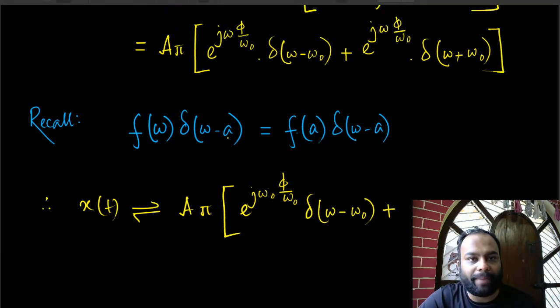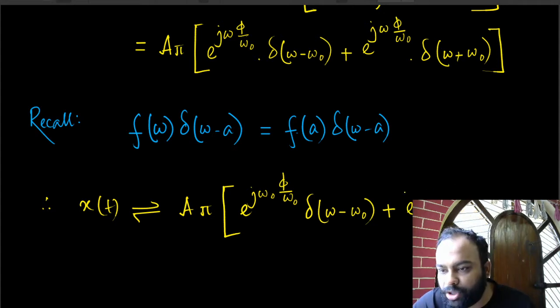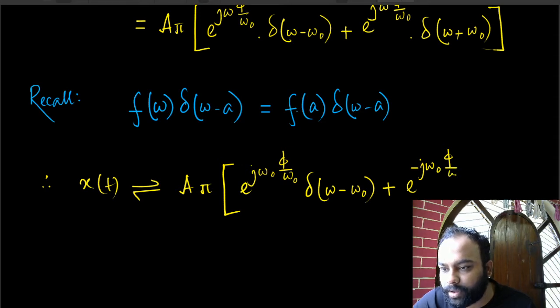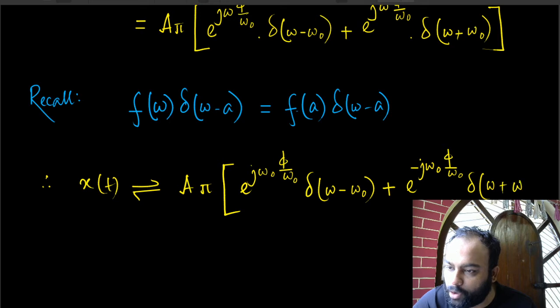So you can consider plus a to be minus of minus a, right? So with that said, of course this omega in this function will have to be replaced by minus omega naught. So I have e to the power minus j omega naught phi, omega naught and delta omega plus omega naught.